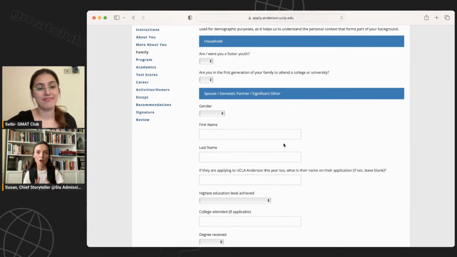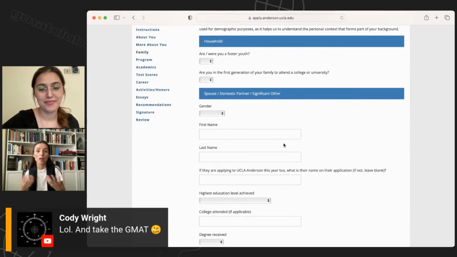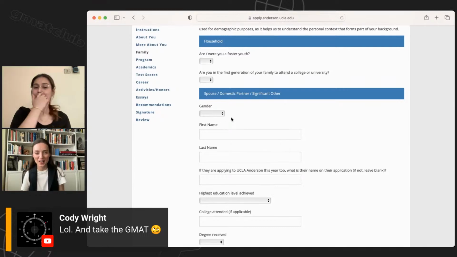But if two applicants are applying and they are partners or spouses, and one is admitted, the other one is much more seriously considered, and it may help the other person gain admission, but it's not a guarantee. There are no guarantees in the application process.